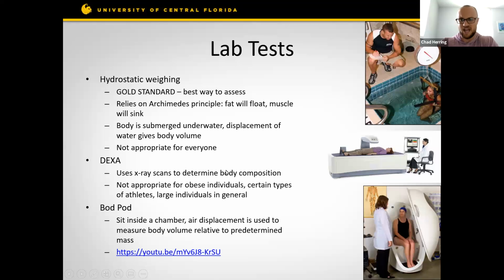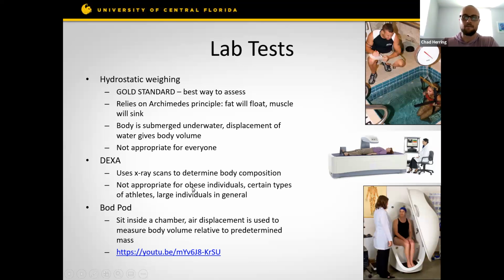DEXA is basically an X-ray scan, and that is a really good lab test. We actually have a DEXA, or had one, but they changed up the laws in Florida, so you had to have a medical degree to run this. So our doctors with PhDs from our lab ended up not being able to use it, but it's very good.